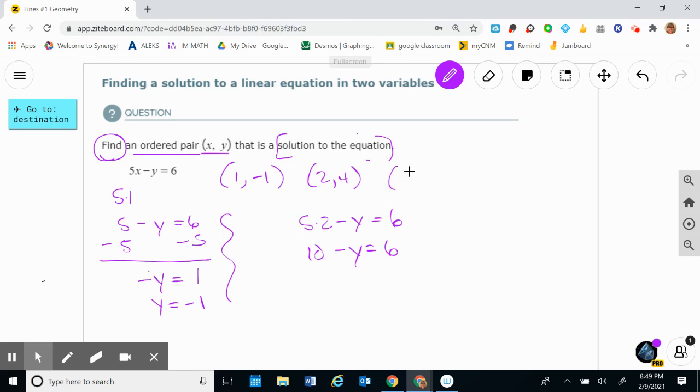What if I picked 3? 5 times 3 minus y equals 6. 15 minus some number y is equal to 6. That would be 9. Do you get the idea? You just plug in numbers and figure it out. It's basically getting a number that works so that you get 6 equals 6.